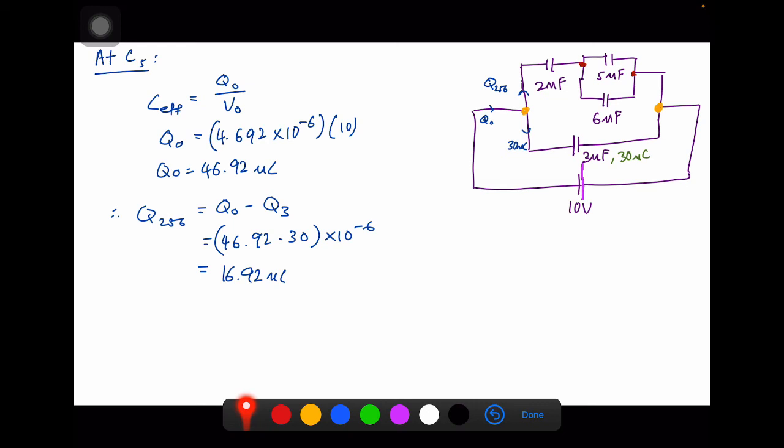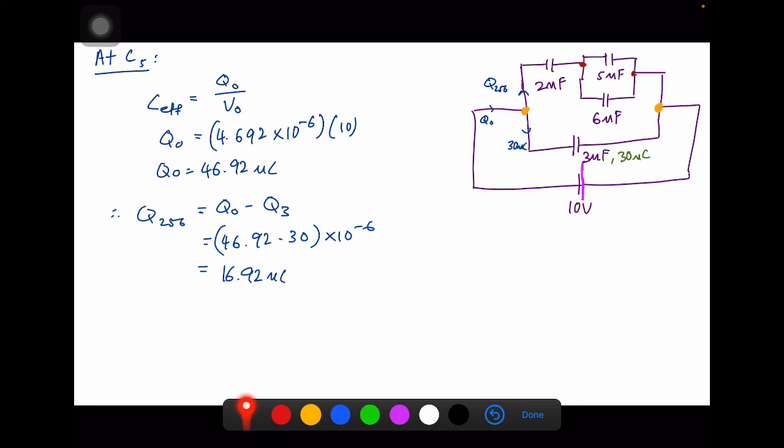The reason why I draw it like this is that sometimes I get confused between charge and current. So in circuit normally I draw current direction instead of charge direction. Anyway, you have a Q0 going into the junction, separating into two. We already found the Q over here, which is 30 microcoulomb.